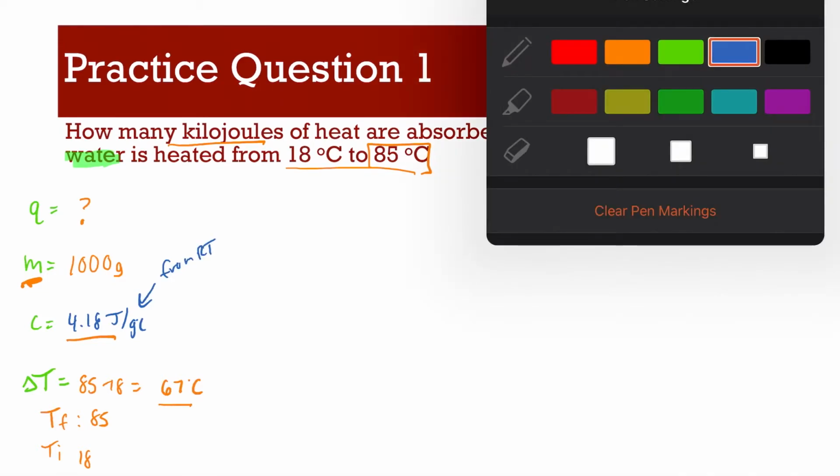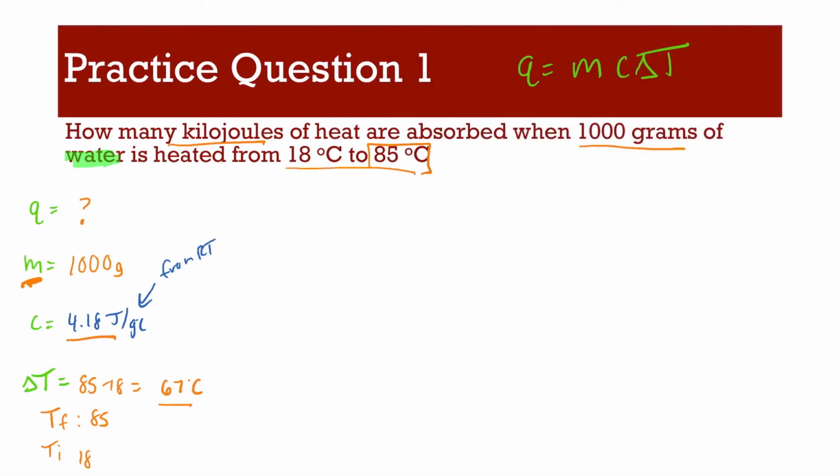So now that we have everything we need, let's plug in. So Q equals our M, 1,000 grams, times 4.18 joules over grams degrees Celsius, times our delta T, which is 67 degrees.